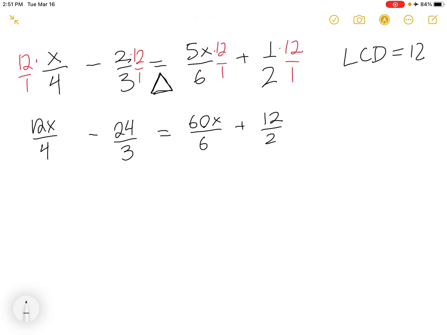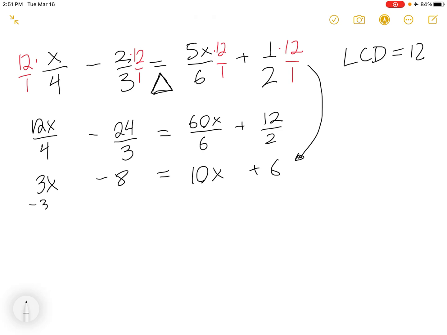Now all of these fractions are going to simplify to whole numbers. So that becomes 3x minus 8 equals 10x plus 6. So what I have done going from here to here is transformed this equation into a linear equation that involves fractions and denominators to one that doesn't. Now what I can do is collect my x's on one side, collect my numbers on the other.